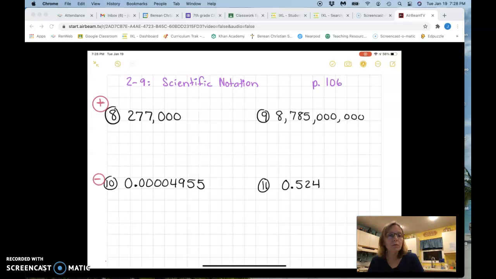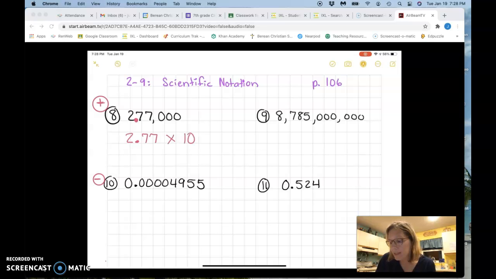So I'm just going to write those there to remind myself, okay? And again, I want to make a number that's between 1 and 10. That's how I decide where to put my decimal. So I'm going to put my decimal right here. And I'm going to rewrite the number without all the zeros, but with the decimal that I just added.